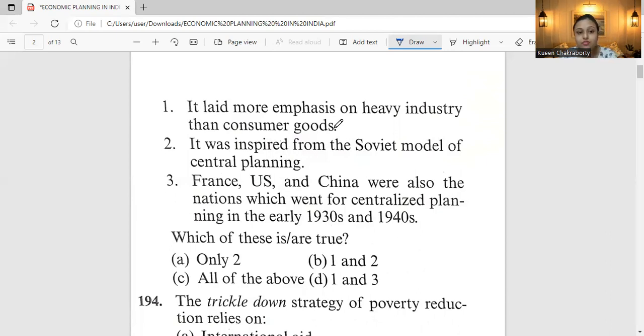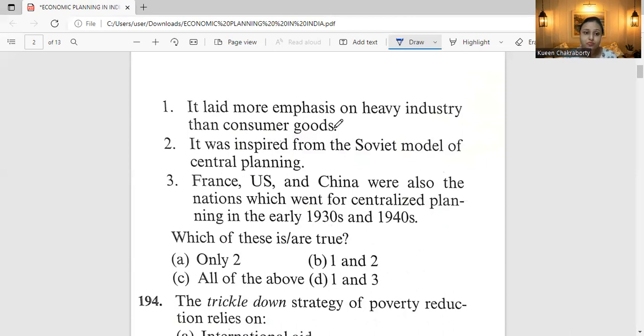See, coming to the question's answer: Indian planning was inspired from Soviet planning, right, which commenced shortly after the Bolshevik revolution that had happened. The USA did not have any central planning. Also in India and Soviet Union, more emphasis was laid on heavy industry than the light industry, and consumer goods were treated as a residual category, right?